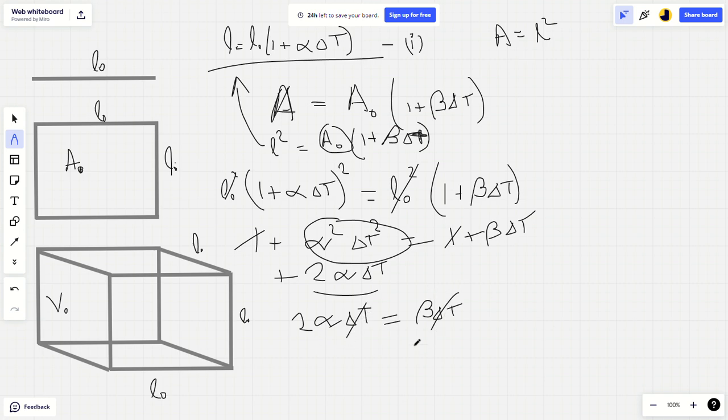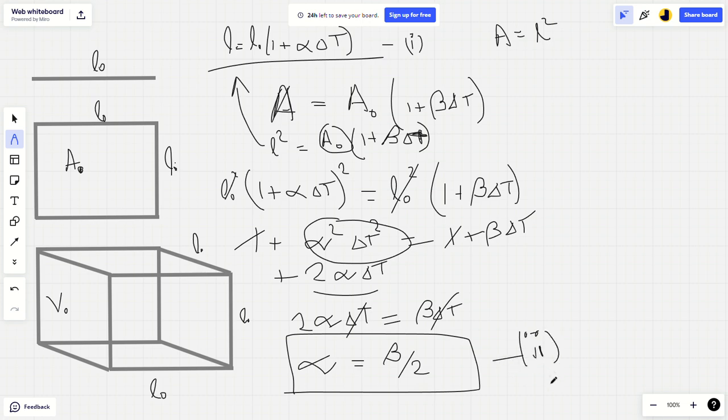Delta t will get cancelled, and alpha is equal to beta by 2. So we got the second part of the equation. And now we just need to prove the third part, that alpha equals gamma by 3. I hope you understand this, because I explained it. And now I'm going to move on to the gamma part.